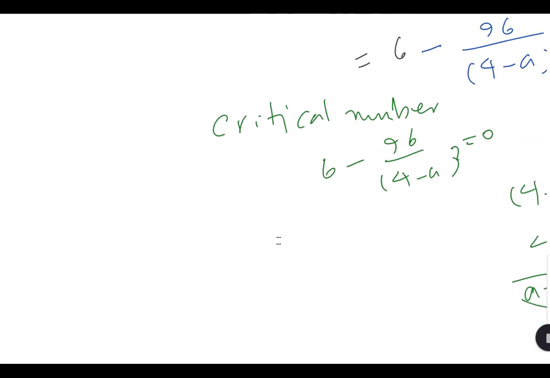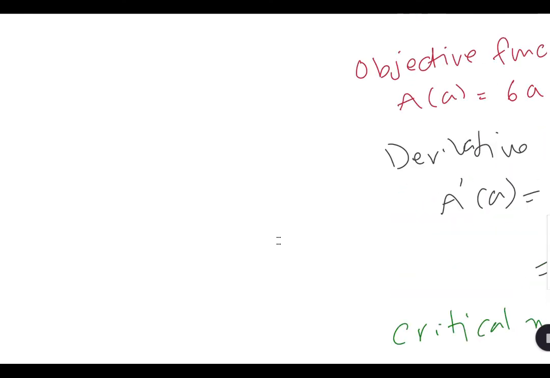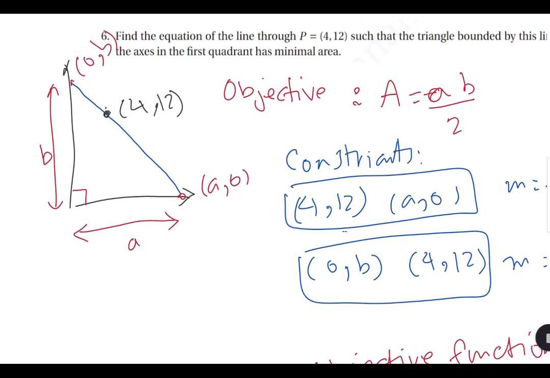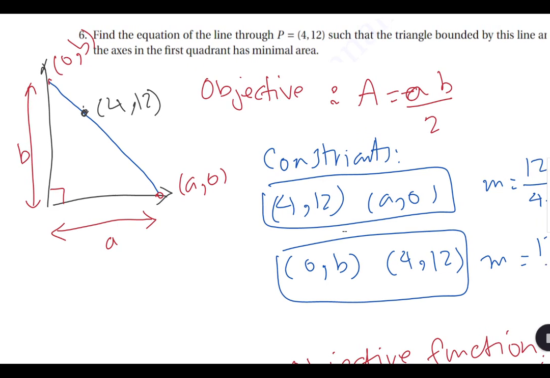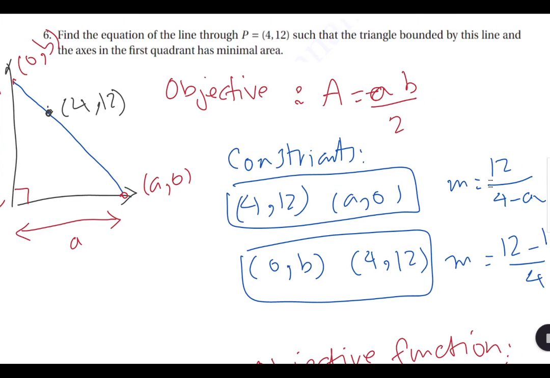Now, so I found the critical number. Now what do I need to do? The problem is asking me to find the equation of the line, basically. So I have to find the m still. One way is to plug a into one of the equations of the m that you have, which you have right here.